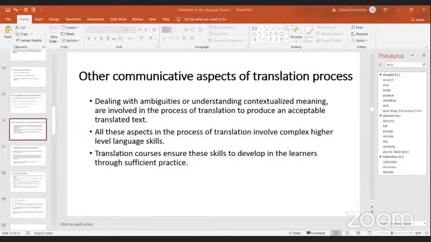This is an interactive procedure dealing with the communicative aspect of learning, or while understanding contextualized meaning.